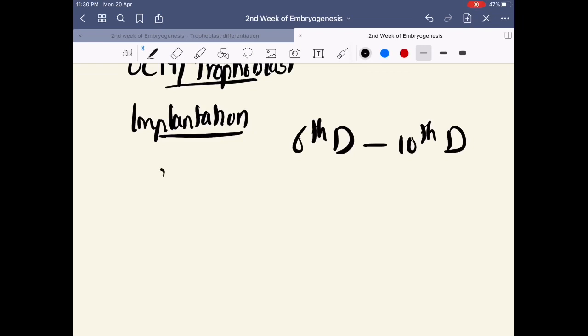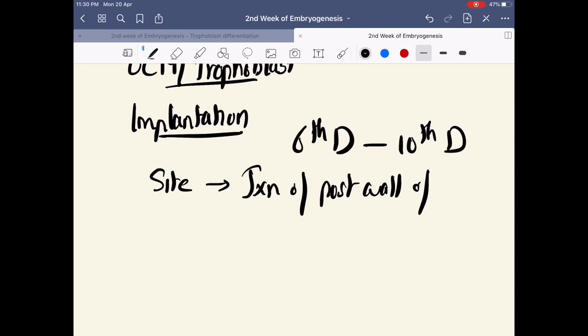The most common site is the junction of the posterior wall of the fundus and the body of the uterus.